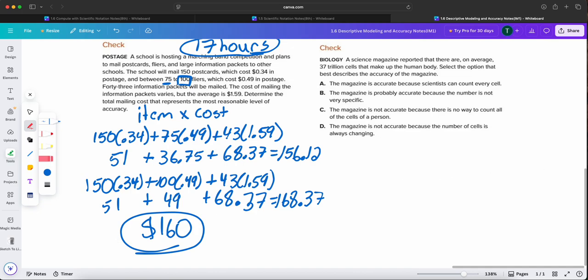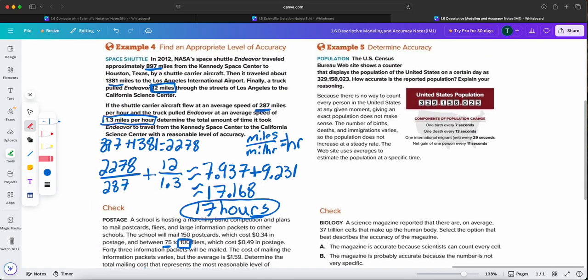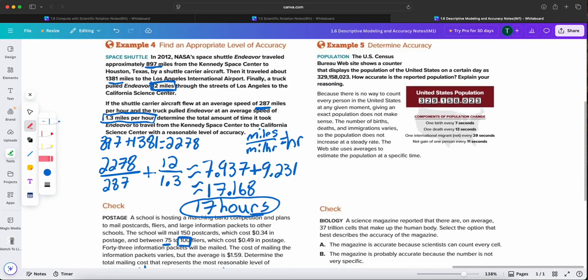So we have two more examples left here. So this next one says determine accuracy. The U.S. Census Bureau website shows a counter that displays the population of the United States on a certain day as 329,158,023.